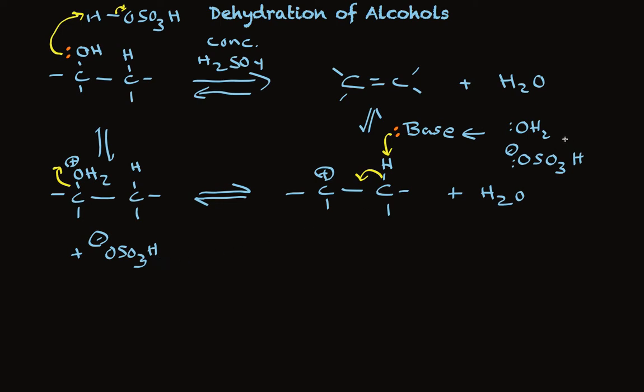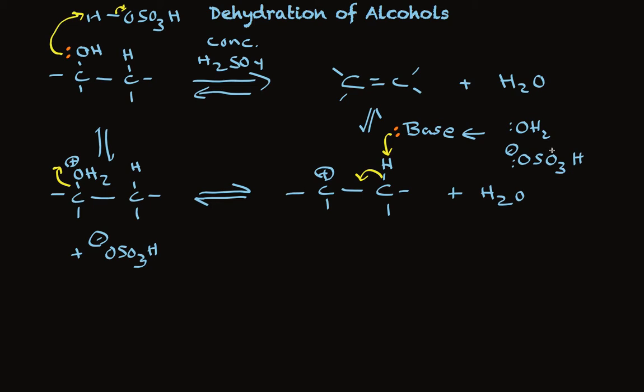So this base is not a strong base, but this carbocation is a very strong acid. And it will protonate water, and it will protonate bisulfate to make sulfuric acid. When bisulfate is protonated, it's clear that that regenerates sulfuric acid. Sulfuric acid is a catalyst.